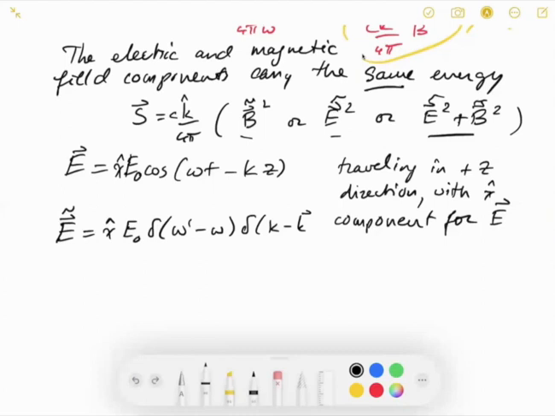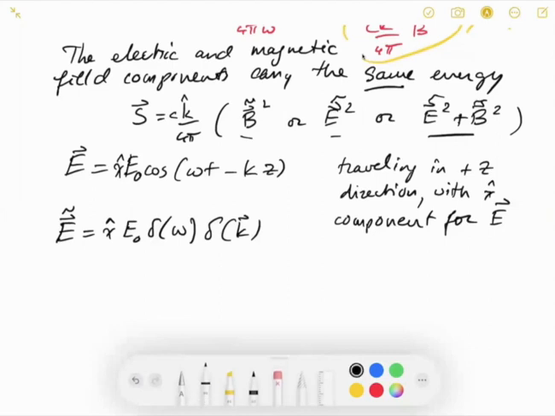Sorry, it would just be delta omega and delta k. And then you could work with this whole thing with all the delta functions, but why would you do that to yourself?